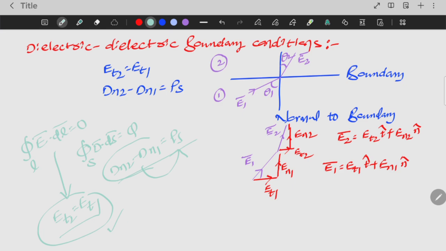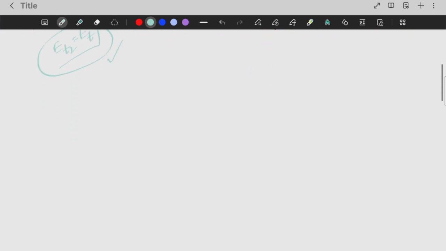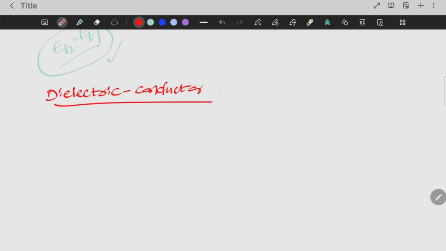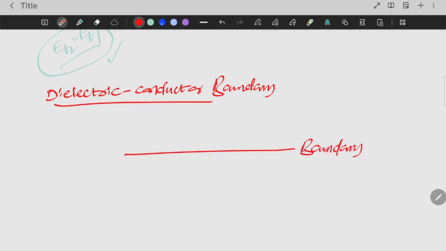Now, if the situation is a dielectric and a conductor, then what do we have? So, this is the boundary, and this is the normal to the boundary.